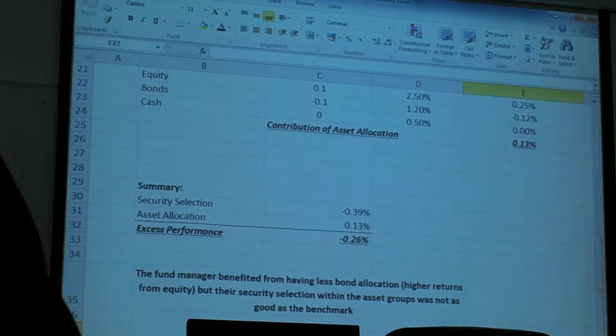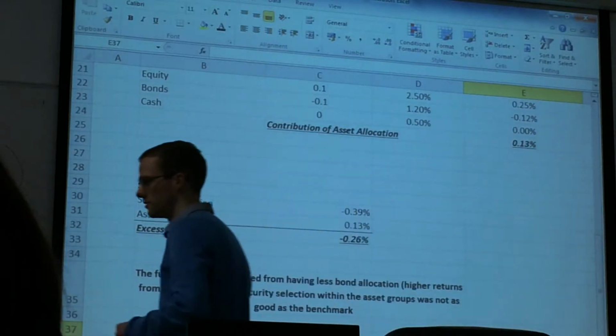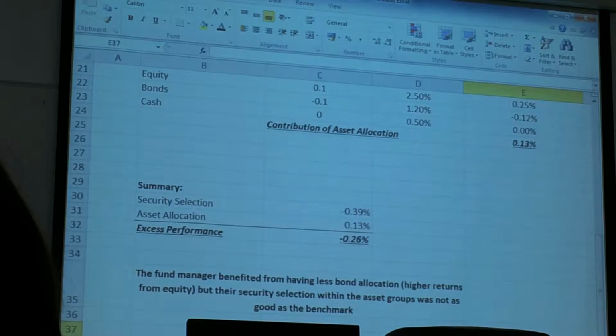And then compare stock picking within each sector. How well did this person do against the benchmark? You can do that from the table, but obviously do the maths, and that'll give you plus and minus signs to back up what you're actually saying. And I'm going to hop around and ultimately answer questions that you may have.